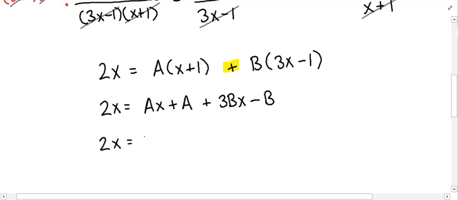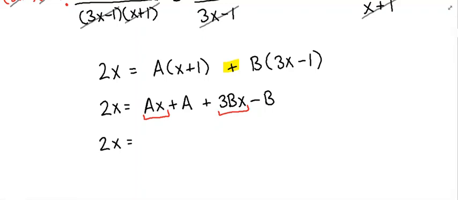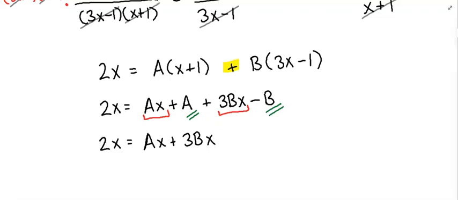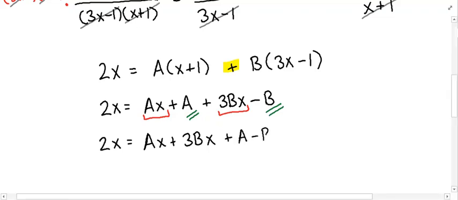So I'm just going to rearrange this. On the right side, I have an ax and a 3bx, so I'm going to put them side by side. And then I have an a, which is just a number, and b, which is just a number. Those don't have x's, so that's going to be my constant here. So we're going to have plus a minus b.